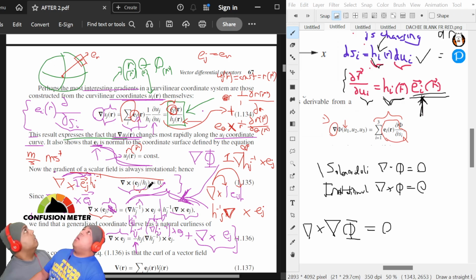So they're saying that this is actually gradient phi. But the gradient of a scalar field is irrotational, hence... Are we actually talking about a scalar field, or are we talking about this coordinate still? I think we're still talking about this coordinate, because we're using this now. So yeah, makes sense so far.